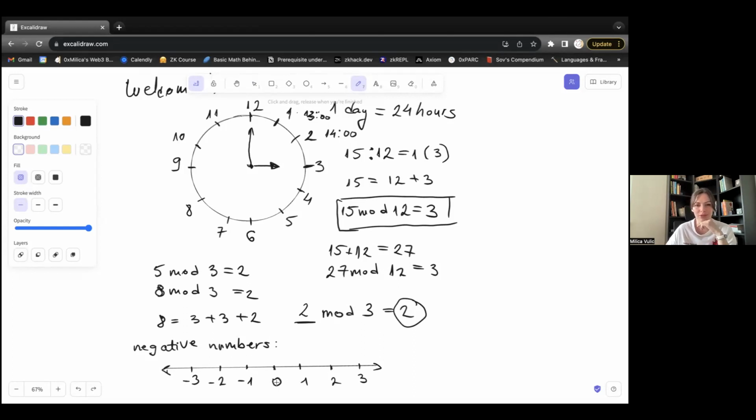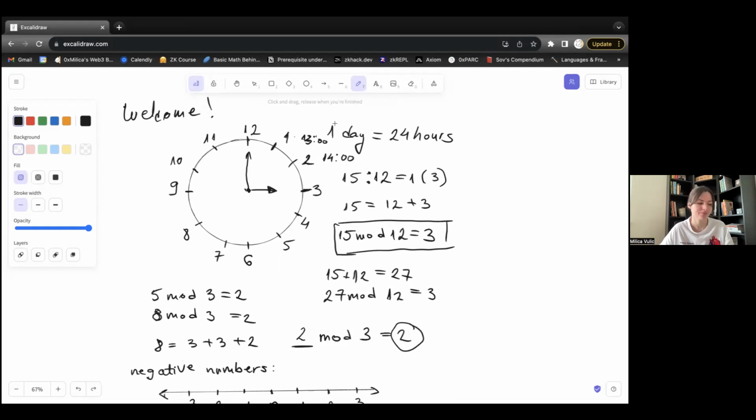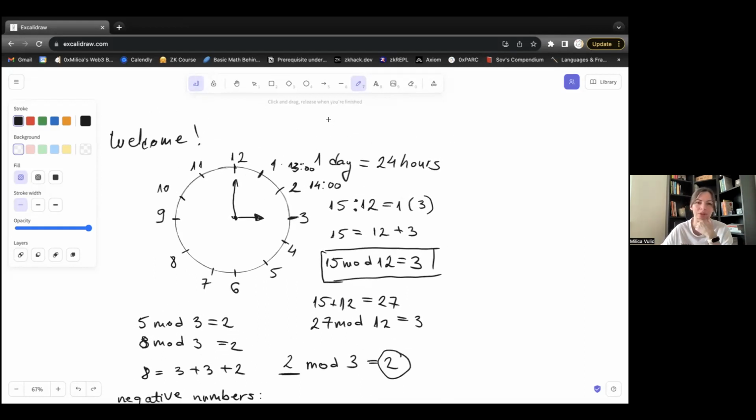In this case, what we do is we're adding up this part until we reach the positive number. So, for example, in this example of a clock, if we would say what is -3 on this chart, we had to do -3 modulus 12.